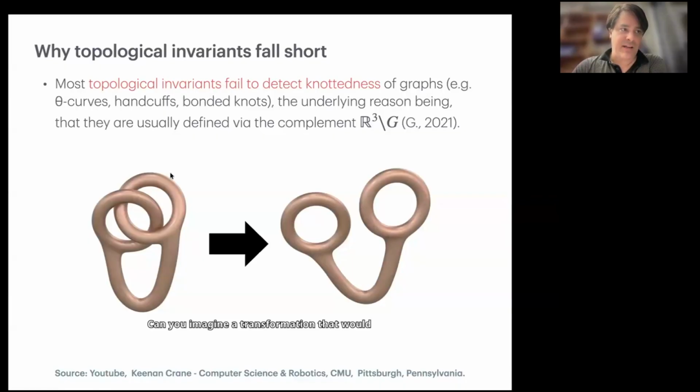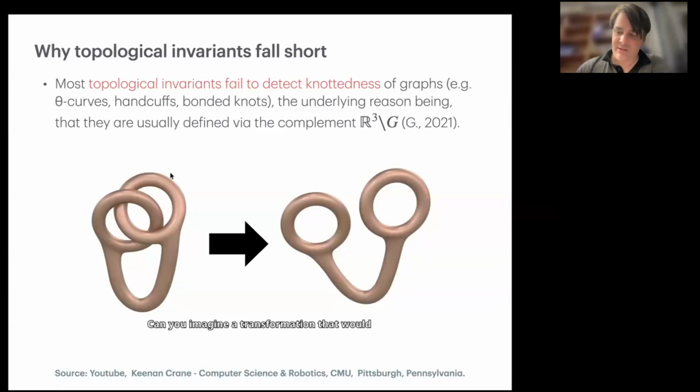And if you compute the Kauffman bracket of this topological version, or even the HOMFLY polynomial, it is trivial. It does not tell you anything about the configuration of the bonds.